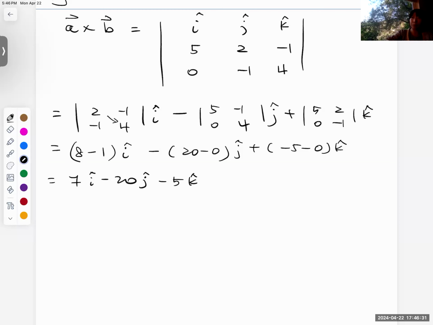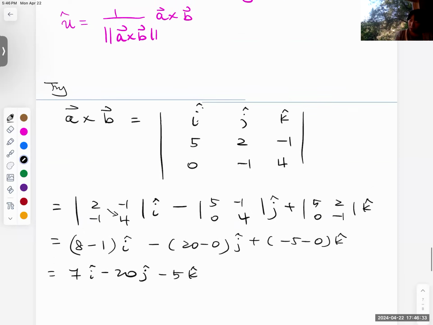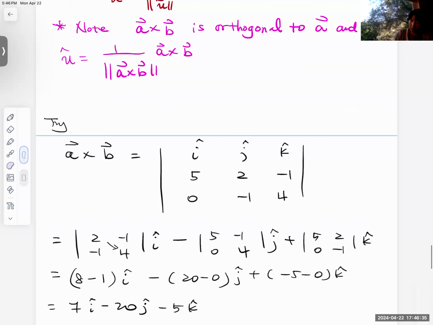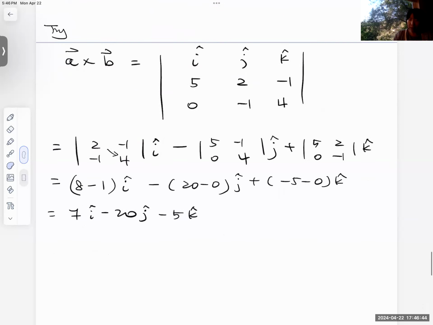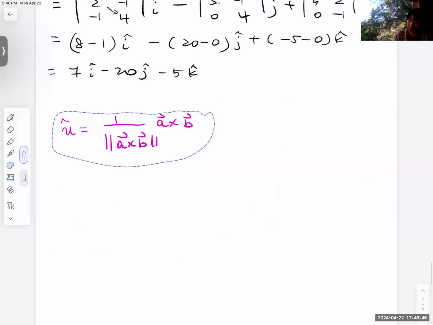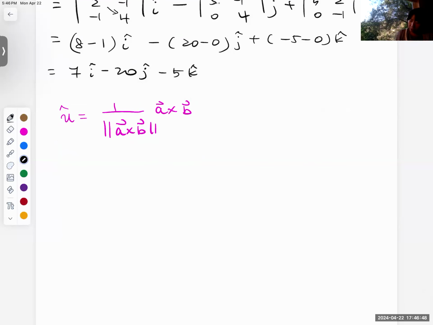Okay, now I want to use the formula which we just created. So there will be 1 over the cross product of A and B that we just found, right?